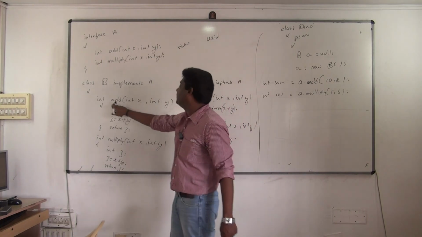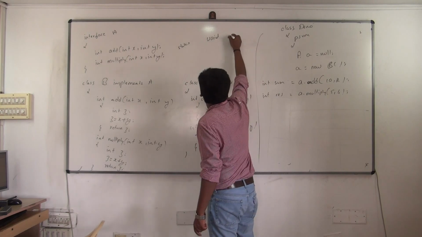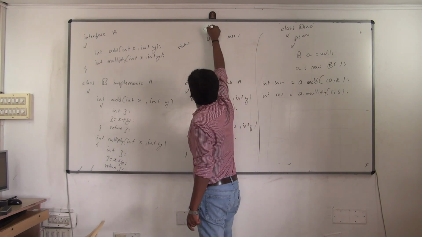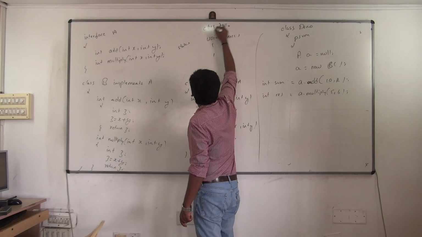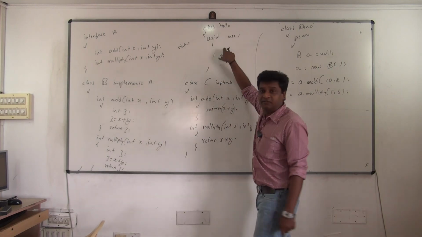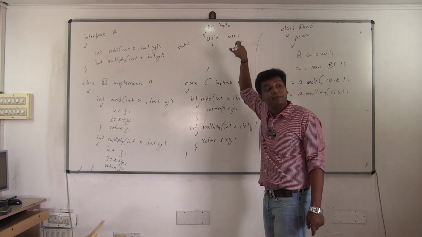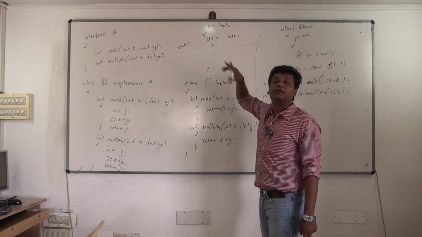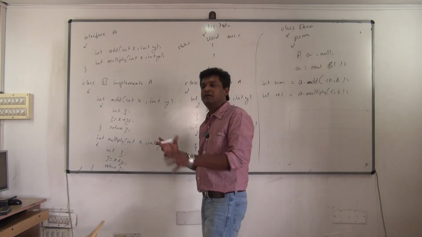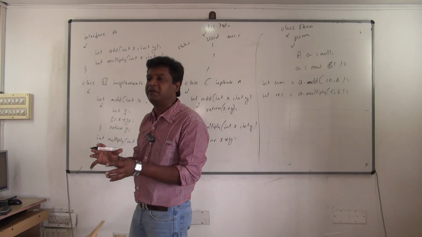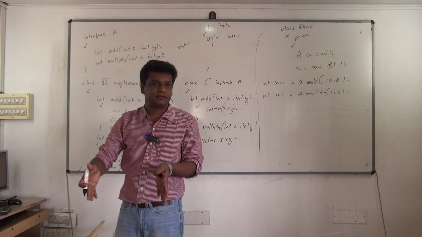See, in a class, void M1, this is class Hello. You are declaring the method here itself and implementing the method here itself. Yes or no? In a concrete method, declaration and implementation of the method happen in the same place.